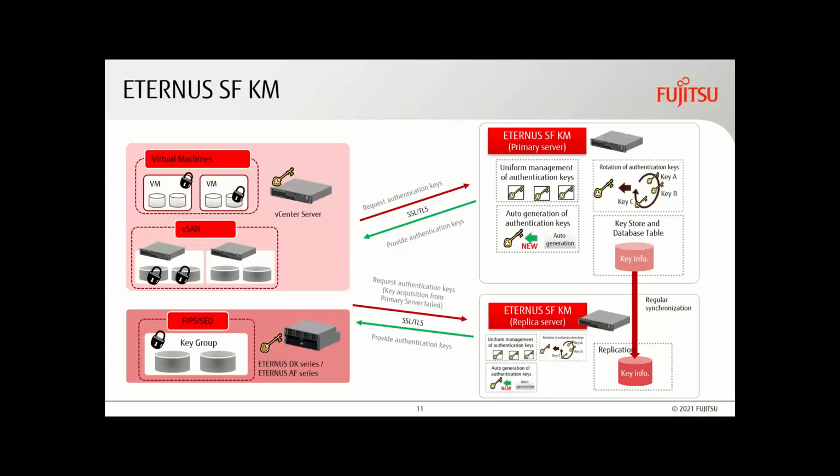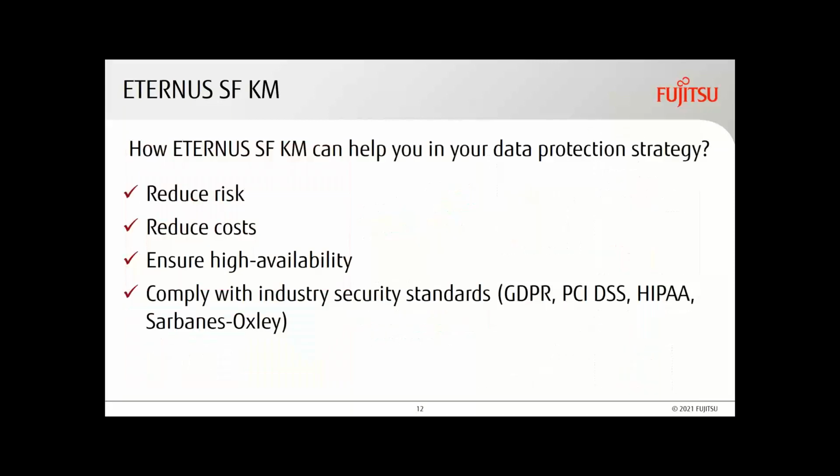Okay, so now let's take a look at some of the bullet points regarding the ESF KM product. First of all, reduce the risk. Encryption is a kind of door lock to important and expensive resources, and as you know, each door lock requires a key. It's the simplest way to explain how authentication in encryption mechanisms works.